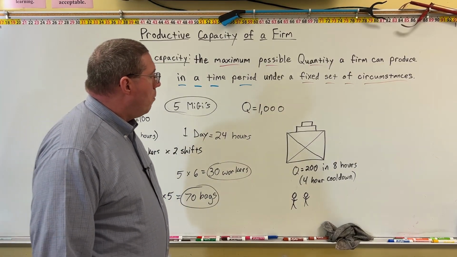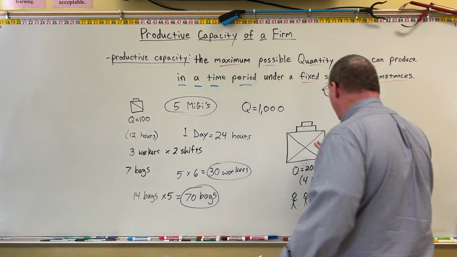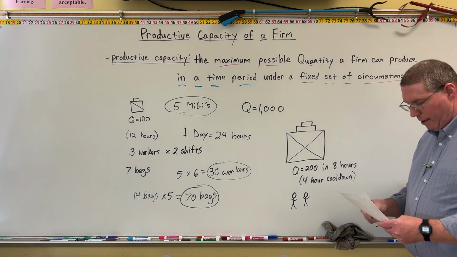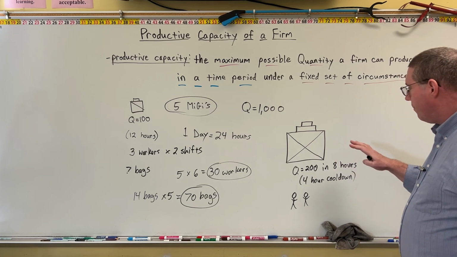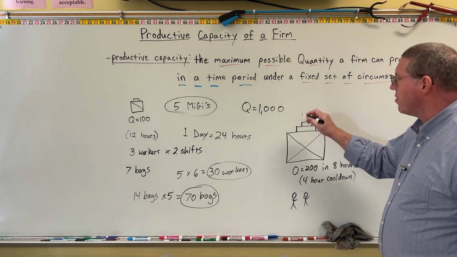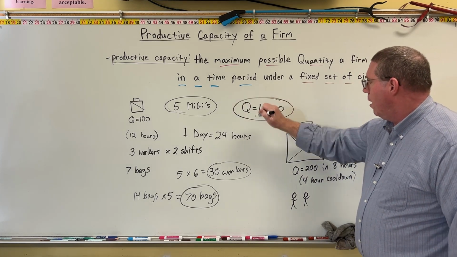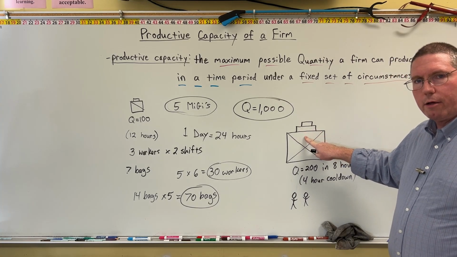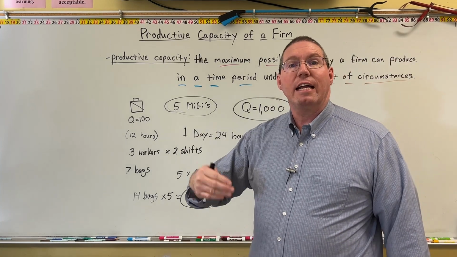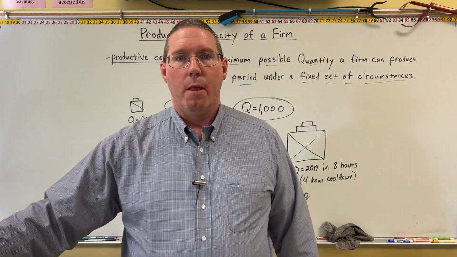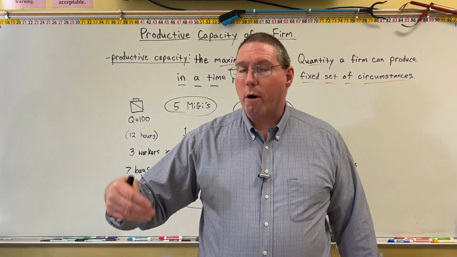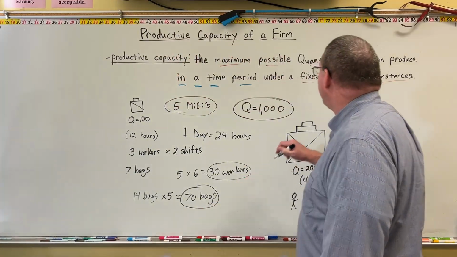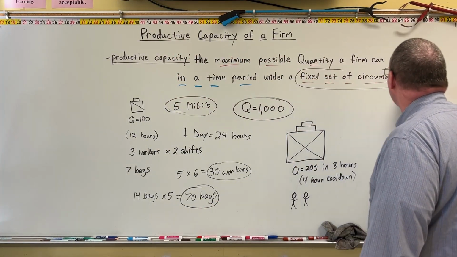But in order to do this, here's what I'm getting at, and this is what we're going to wrap up here: in order to increase their productive capacity, buying the MIGI 630 Super Double Deluxe or finding a new factory and buying more MIGI 630 Deluxes, all of those things are changes in their fixed set of circumstances.